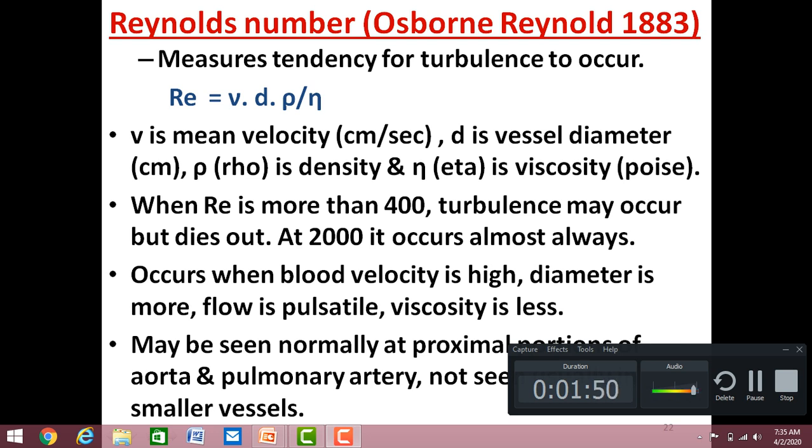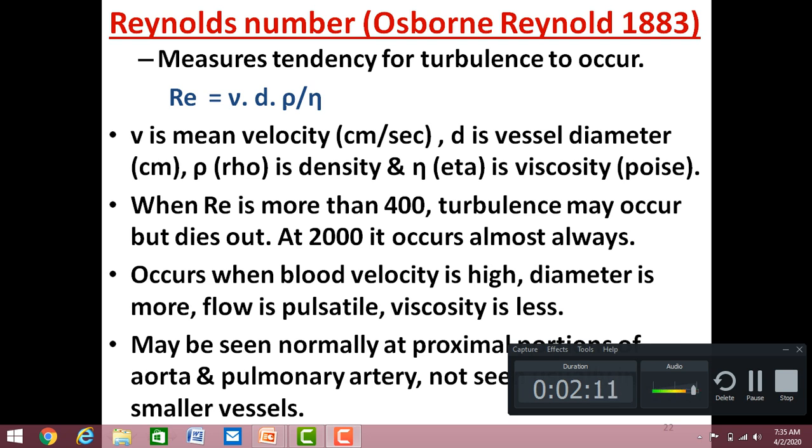Now if we apply this equation, then if Reynolds number is from 200 to 400, then turbulence of blood may occur at some points in the circulatory vessel, but that will immediately die out.